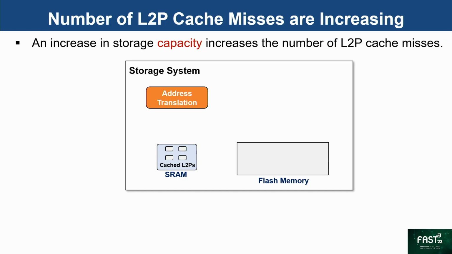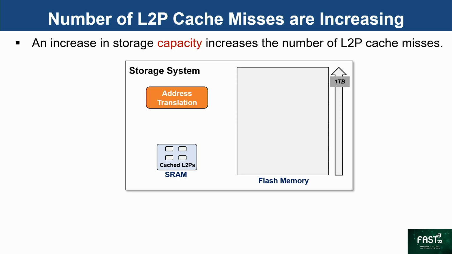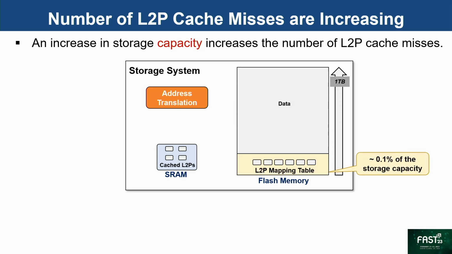Moreover, as the storage capacity of smartphones keeps increasing, the number of L2P cache misses also increases, which could further degrade the UX quality. This is because as the capacity of the storage device increases, the size of the L2P mapping table also increases proportionally, where its size is about 0.1% of the whole storage capacity. So for a terabyte storage device, its mapping table takes up about 1 gigabyte in size.